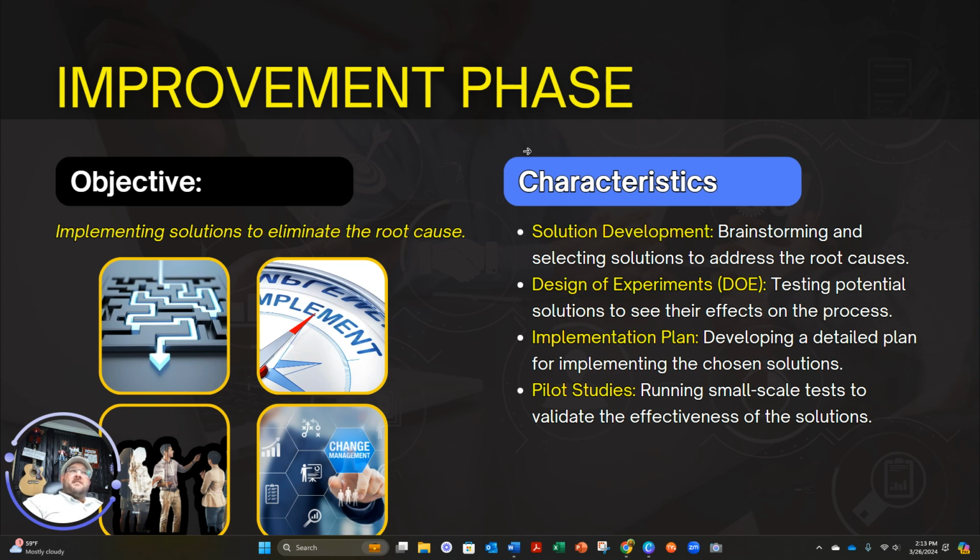And from that design of the experiment, you're testing the validity of it. From there, you're putting together a documented implementation plan and piloting the study, meaning you're running a small scale test to validate the effectiveness of that solution.